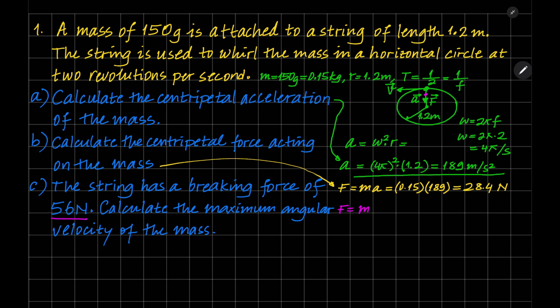m times angular velocity squared times radius, which implies that angular velocity is equal to the square root of F over mr. Let's continue here.